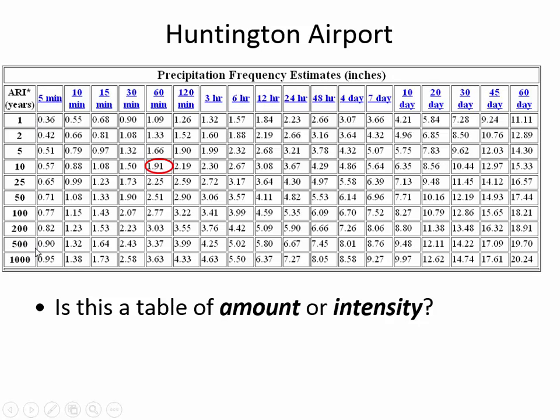Well, that would be true whether it is an amount or an intensity, because both amounts and intensities are always going to have increasing quantities for bigger return periods, right? So the clue is not as you go down the table. Okay, so as you move to the right, what? It increases, and so how does that tell you that it's an amount versus an intensity?